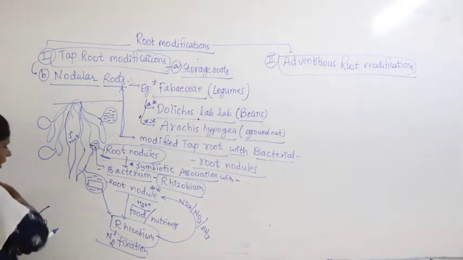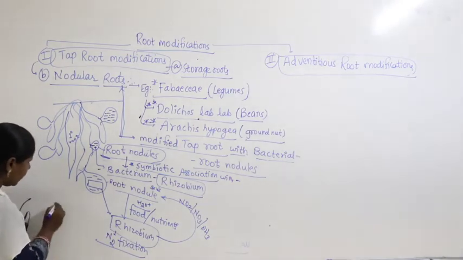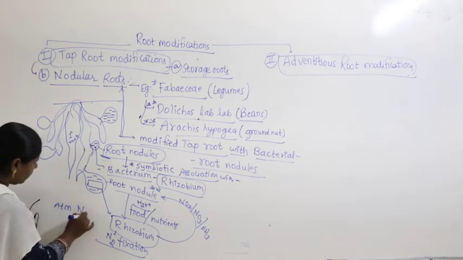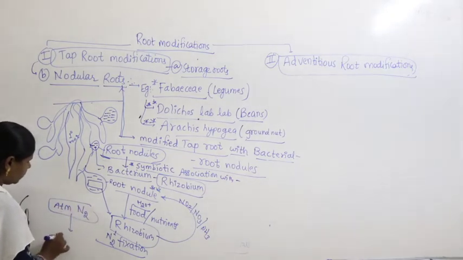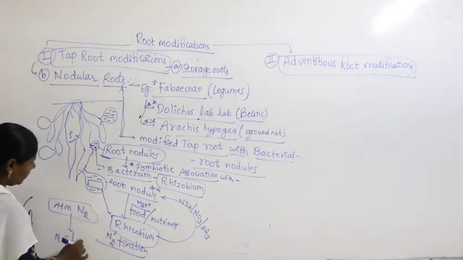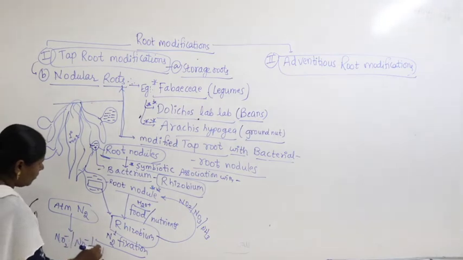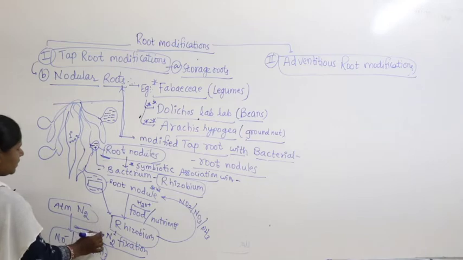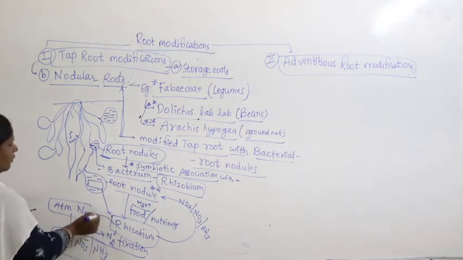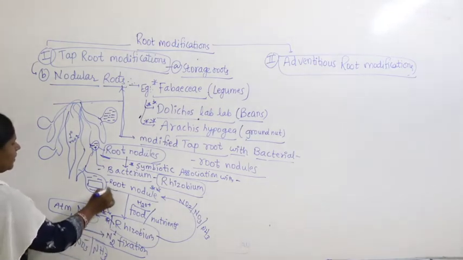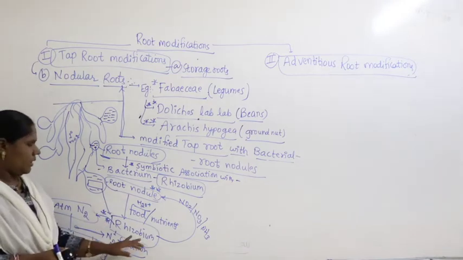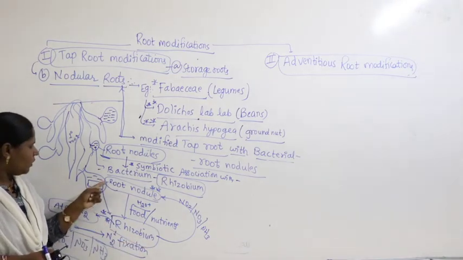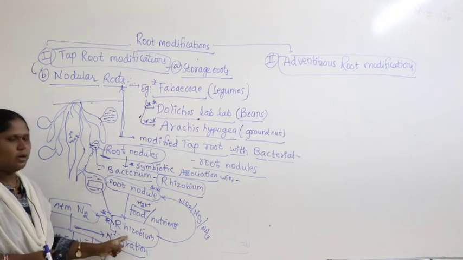The process of conversion of atmospheric nitrogen to nitrite, nitrate or ammonia. This process is said to be nitrogen fixation. So who will do that wonderful function? Rhizobium.